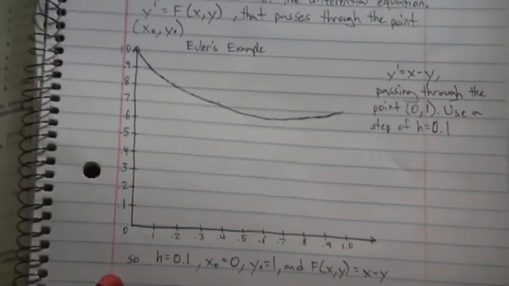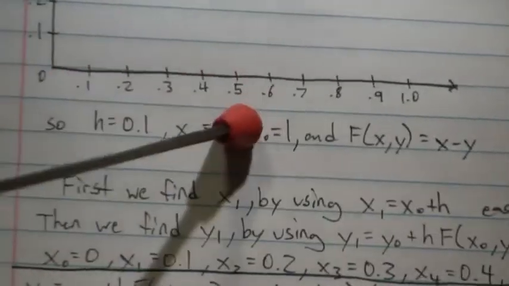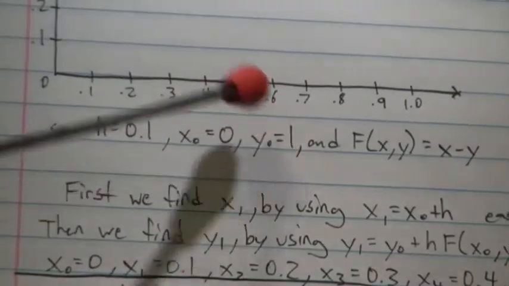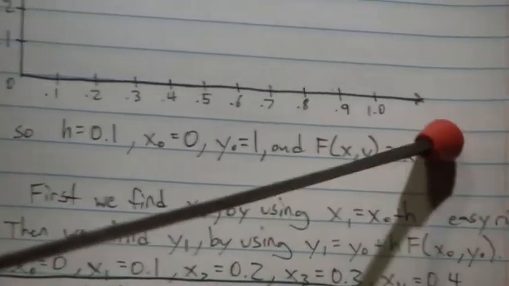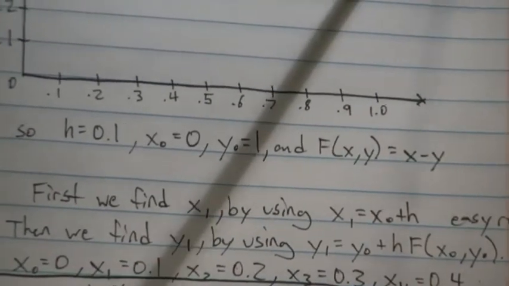So this is the graph, and we drew the line. Since the step is h equals 0.1, we already have the initial x, the initial y, the step, and the slope, which is x minus y. It gives it to you right there.